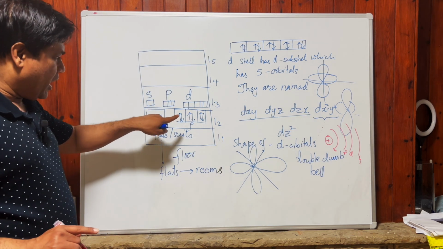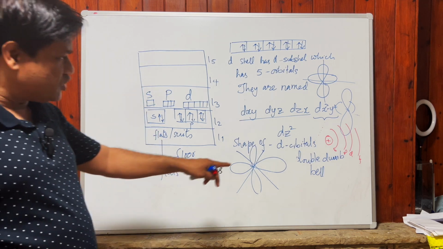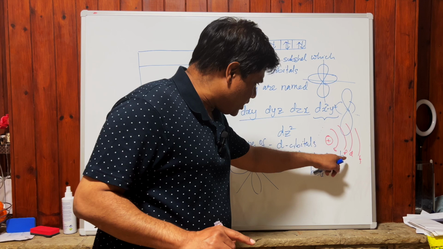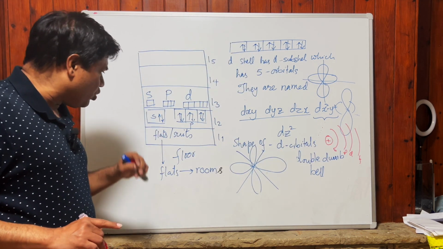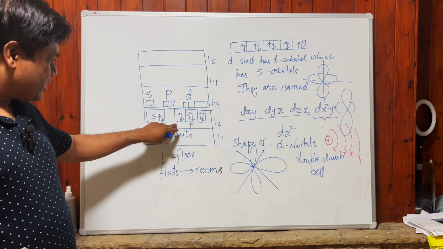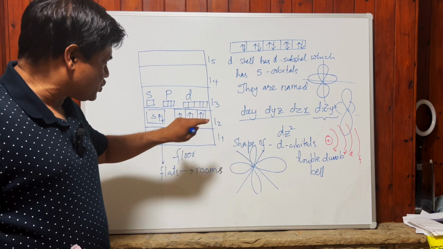On the second floor, the second shell, we have the p subshell as well as the s subshell. The s has only one orbital, and p has 3 orbitals, px, py, pz, and each one holds 2 electrons.